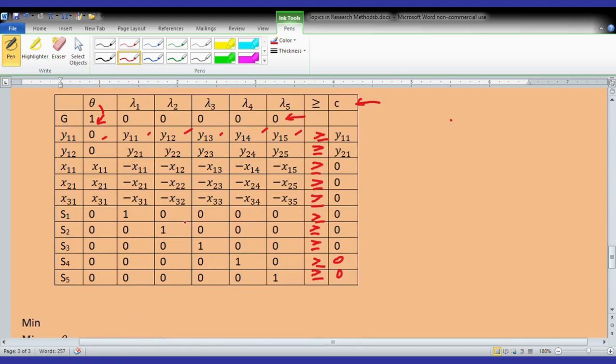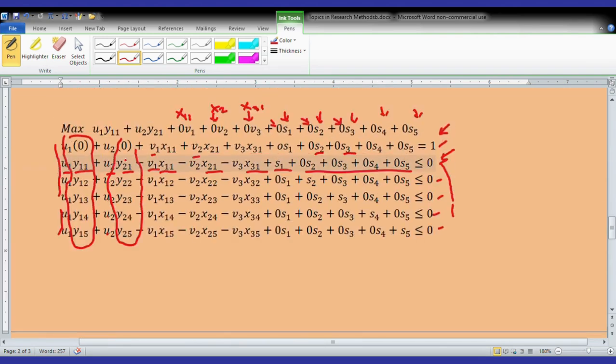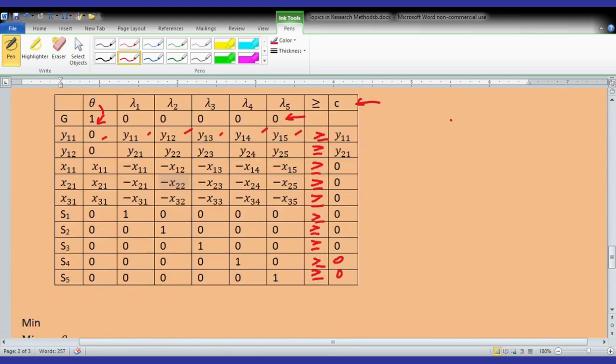So the third row starts from x11, because in this column first element is positive x11, second element is minus x11, third element is minus x12, and so on.